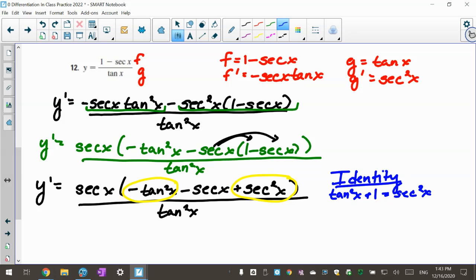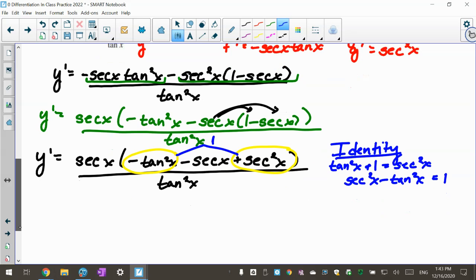And I see I have a secant squared and a minus tan, so I'm going to move this over here. So I have secant squared x. I'm going to move the tangent squared x over there, turns negative, and that equals 1. So these two in the yellow circle here add up to 1. Secant squared x minus tan squared x equals 1.